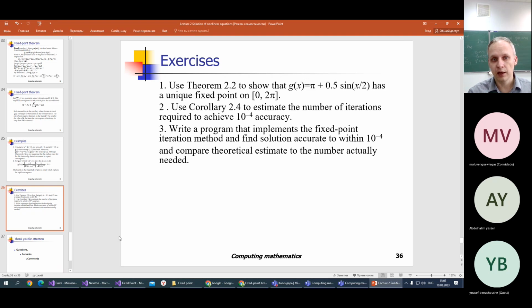Write a program, find the solution with a tolerance of 10 to the power minus 4, and compare the theoretical estimate to the number of iterations actually needed to solve this problem. G of x equals pi plus 0.5 sine x over 2. This function should have a unique fixed point on the interval from 0 to 2 pi.